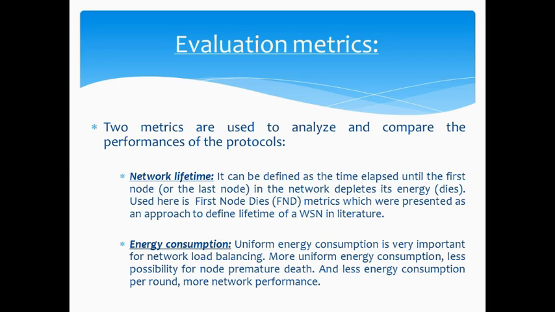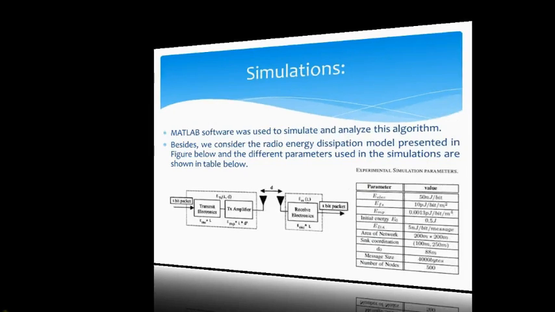The first node dies, or FND, metric has been widely used in this entire presentation. Energy consumption: we know that uniform energy consumption is very important for network load balancing. With more uniform energy consumption, there is less possibility of a node suffering a premature death. And if there is less energy consumption per round, we have much better network performance.